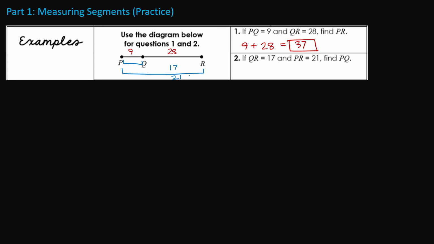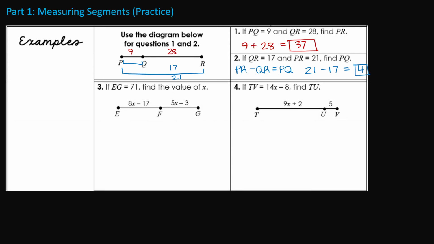So using that segment addition postulate, we take PR minus QR to find PQ. So 21 minus 17, and you get 4.